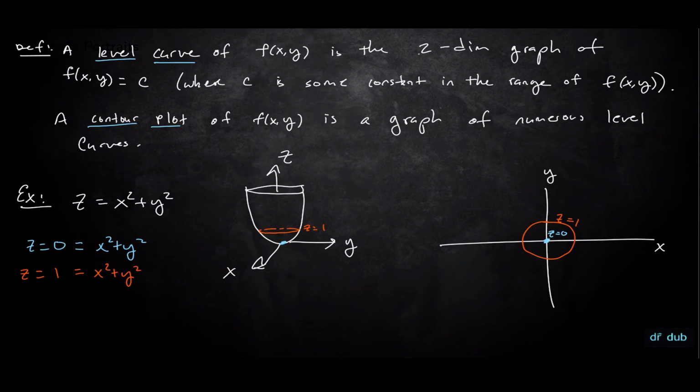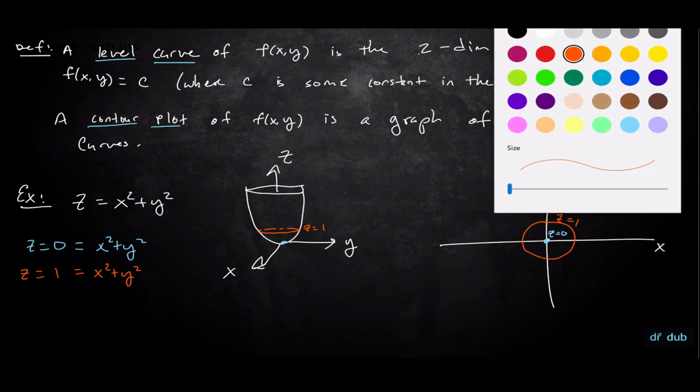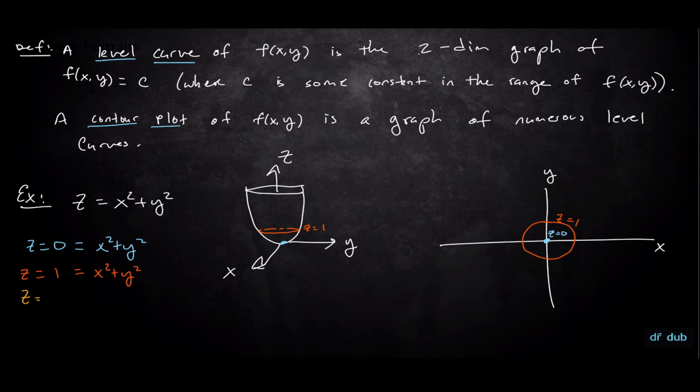So that's z equals 1, corresponding to this curve. If I pick z equals 2, maybe I should pick not 2 but 4, z equals 4, x squared plus y squared. So that's like somewhere up here. So that's a circle of radius 2. You can forgive my circles. Everything on this has a value of z equals 4.